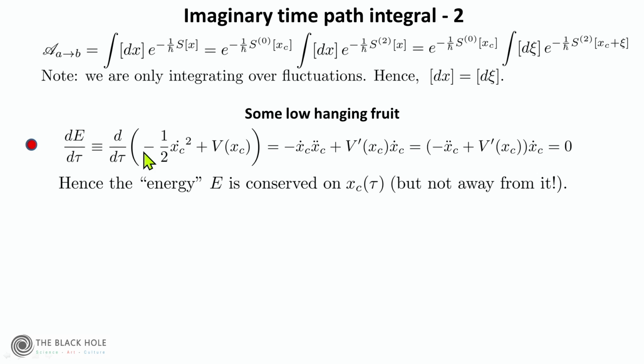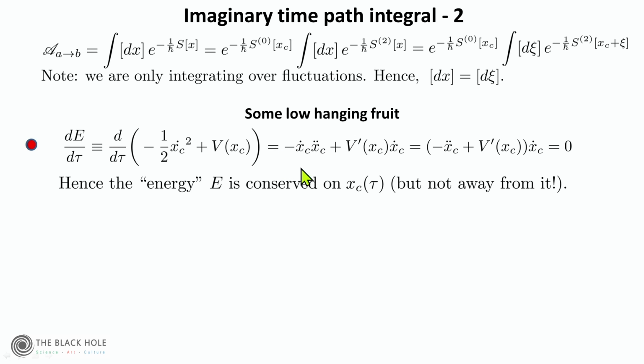So define E as minus the kinetic energy plus the potential energy. So now take d by d tau of this. Well, that means that this is 2 xc dot xc double dot, and the 2s cancel.